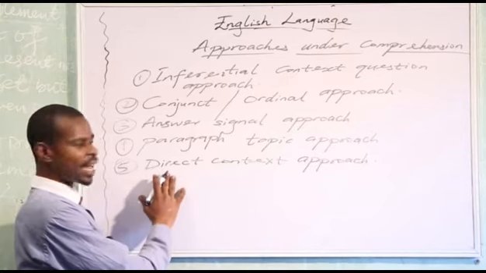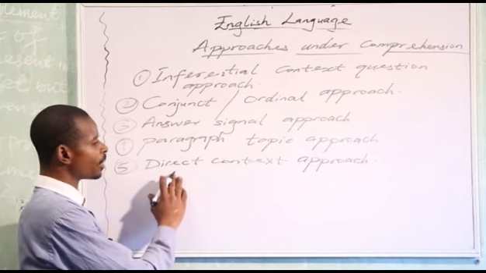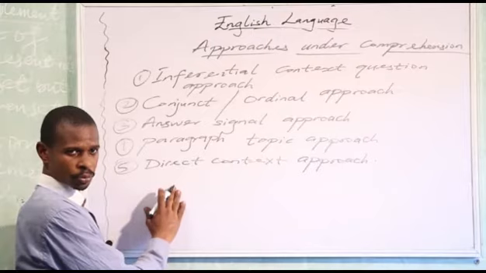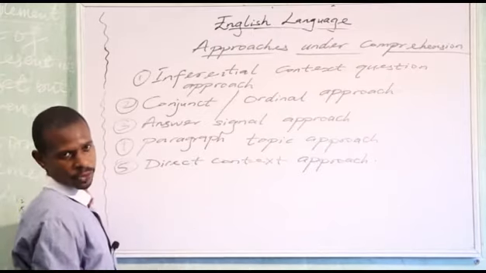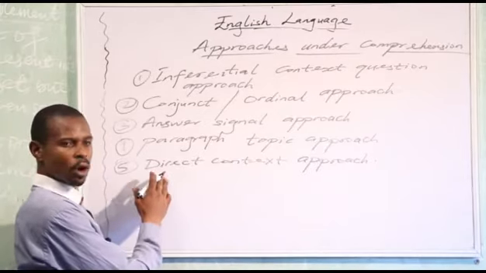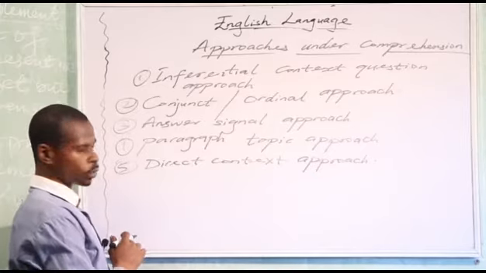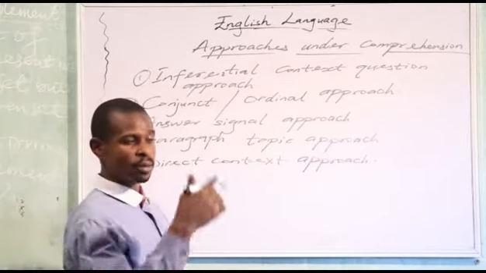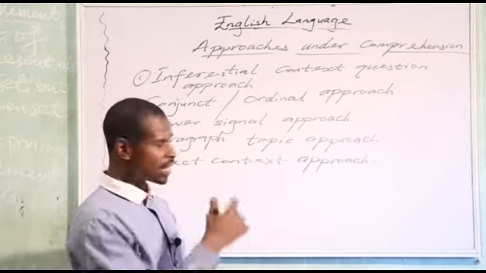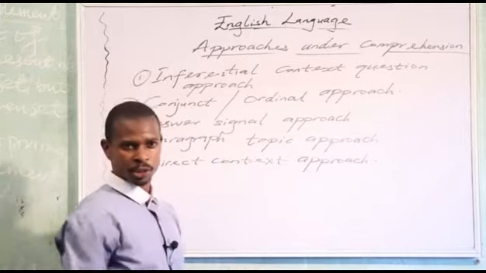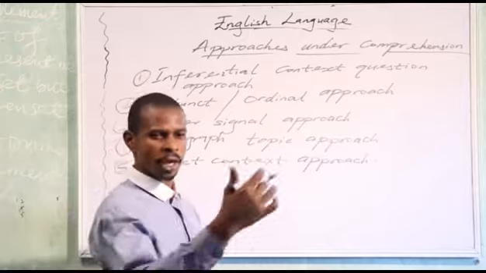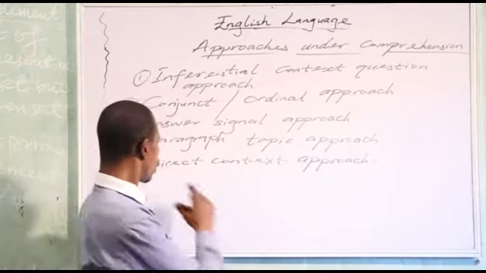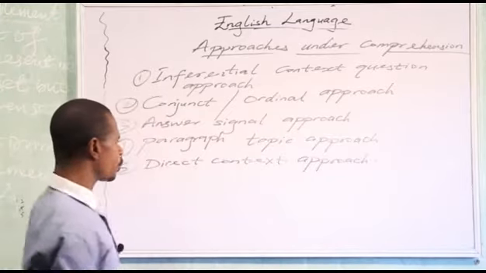They are all under the direct context approach, and you might be asked some questions under this approach. They may ask you, what is the name of the protagonist in this particular passage? What is the location? All these are under the direct context approach.